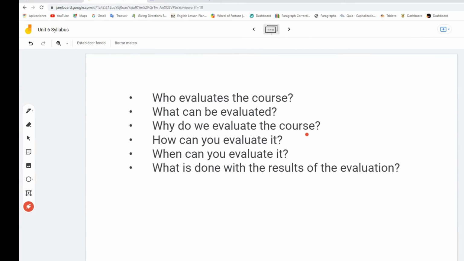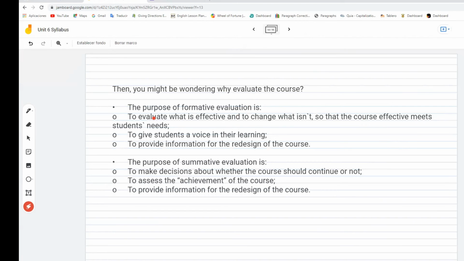Why do we evaluate the course? Then you might be wondering why evaluate the course. The purpose of formative evaluation is to evaluate what is effective and to change what isn't, so that the course effectively meets students' needs, to give students a voice in their learning, and to provide information for the redesign of the course.